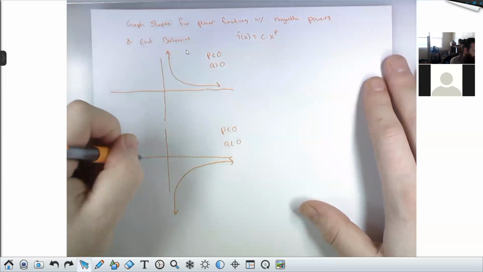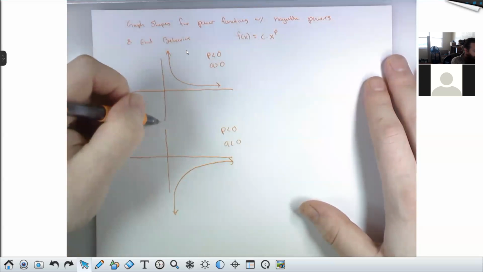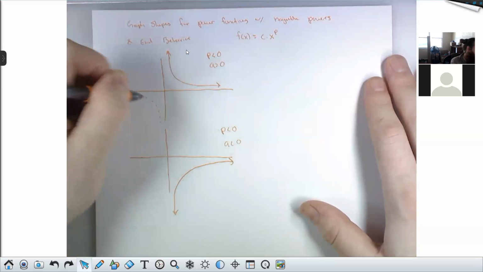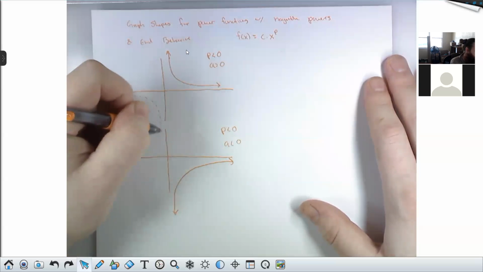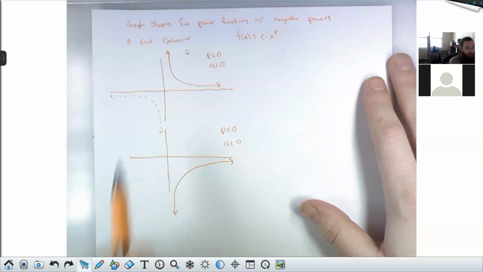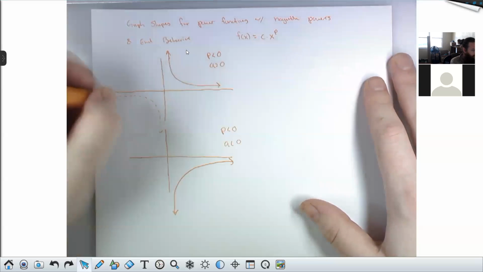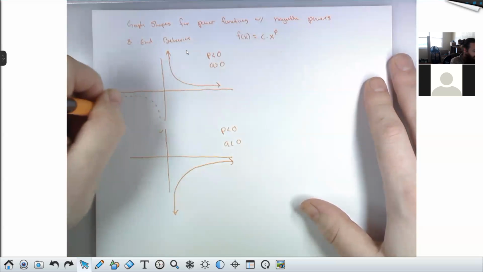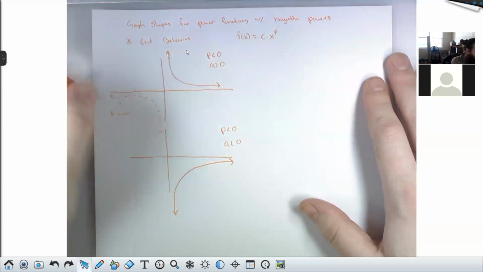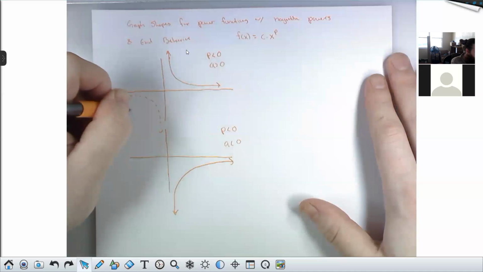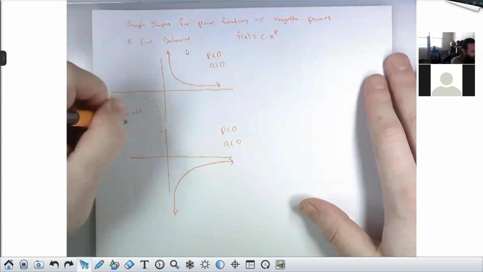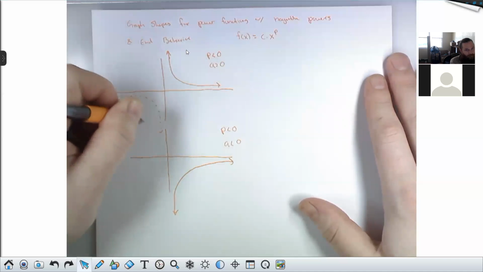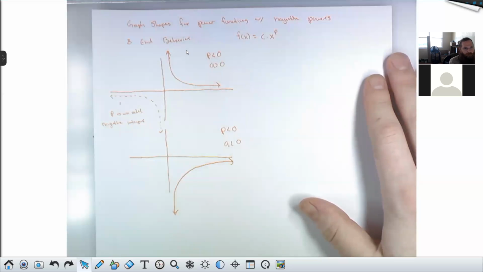And it is possible, depending on what you're looking at, if the power happens to be a negative integer, a negative odd integer, you'll have another little piece down here.